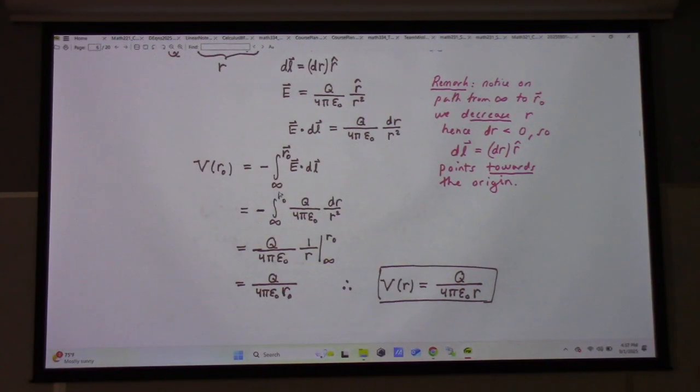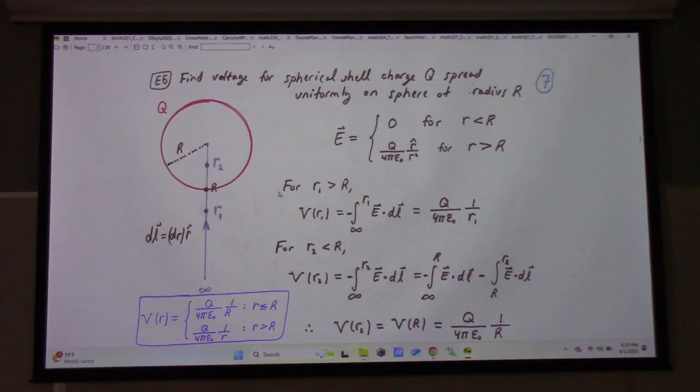All right. Now, example 6 here. This is yet another example where I want to work out the voltage by calculating the line integral of the given electric field along the path from infinity.